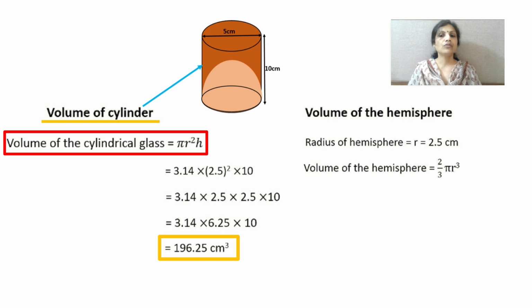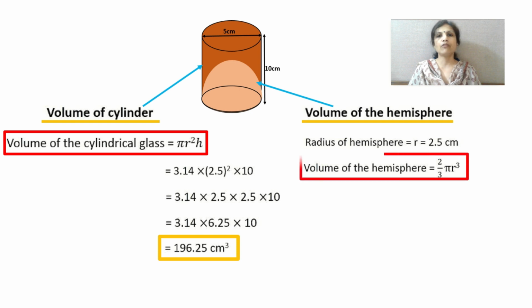Let's now find out the volume of a hemisphere, and to find out the volume of a hemisphere we need its radius, which is given to us as 2.5 centimeter, and the volume of the hemisphere is given by the formula 2 by 3 pi r cube. Let's substitute the values. 2 by 3 into 3.14 into 2.5 the whole cube.